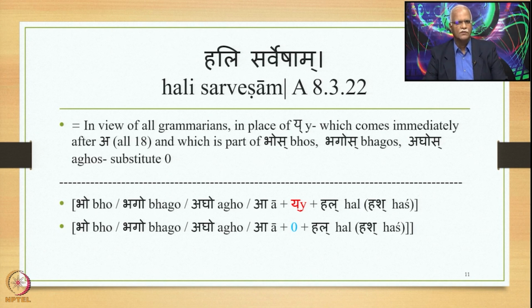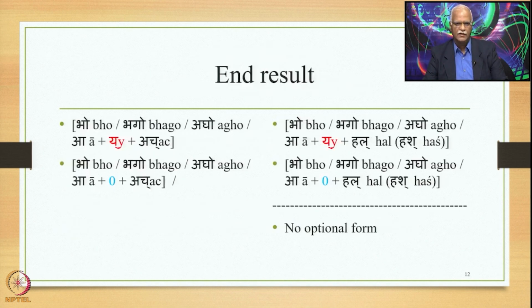So this is how the two sutras Lopah Shakalyasya and Hali Sarvesham will apply, and the end result would be something like this. On the left hand side we see ach as the right hand side environment, which is of course part of ash, and on the right hand side we see hush as the right hand side environment, which is also the remaining part of ash, in the environment of which ru is substituted by ya.